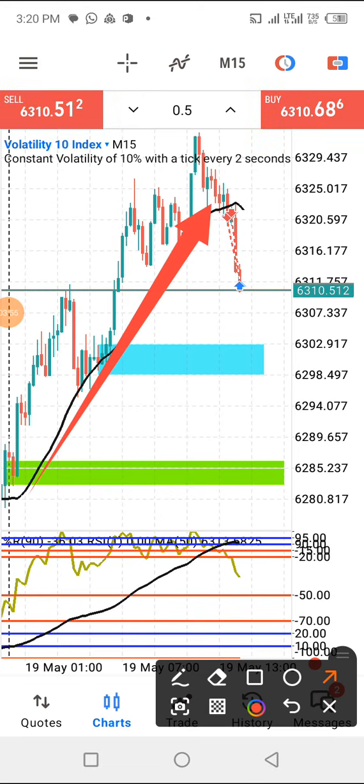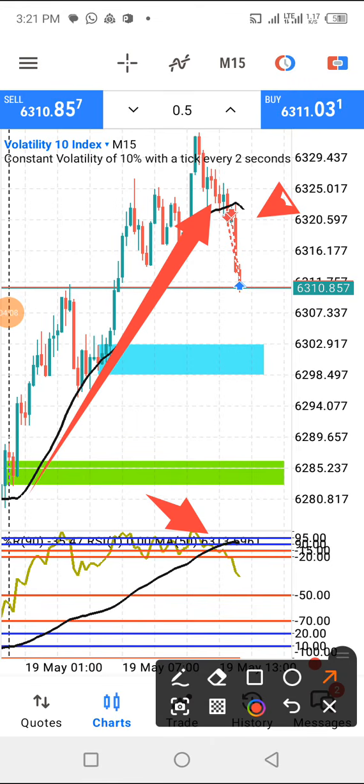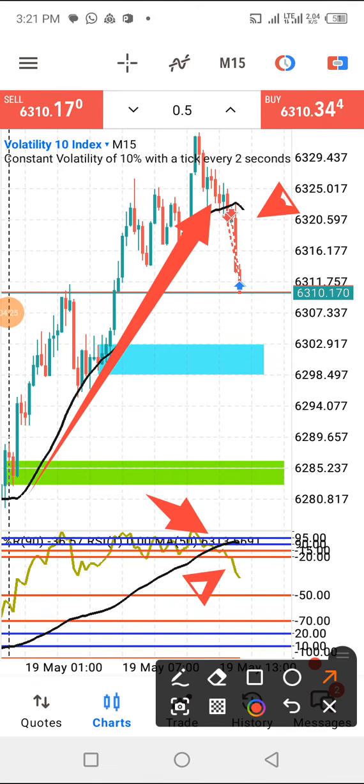Then not only that, in our window 1, immediately price breaks out like this, we want to see this green line crossing below the black line at level 90-95. Immediately it crosses below 20, I'm going to give you the setup, guys. Immediately it crosses below 90, level 20, you can enter. But for a sniper entry, you can use your 5-minute time frame.